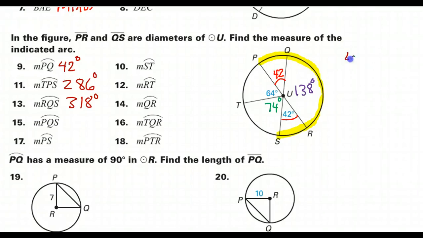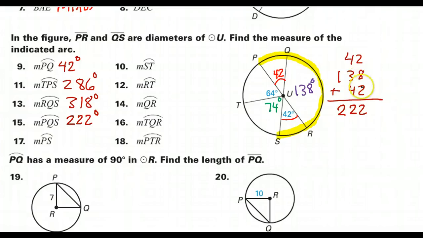So I can go 42 plus 138 plus 42. I can just add all these up, and that's going to be my answer. That turns out to be 222. So that's going to be 222 degrees.